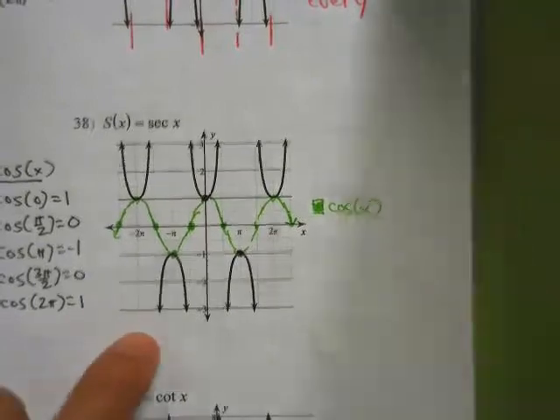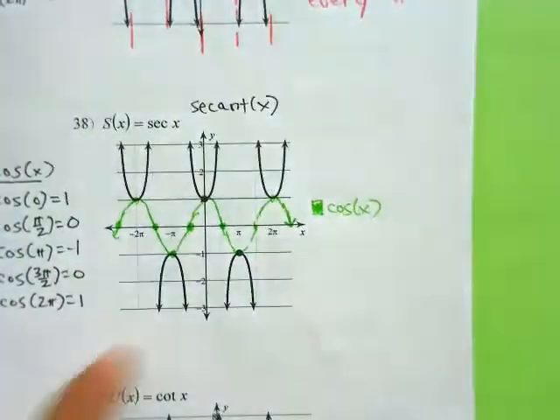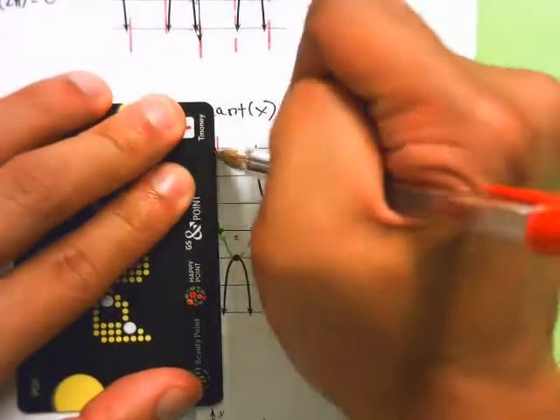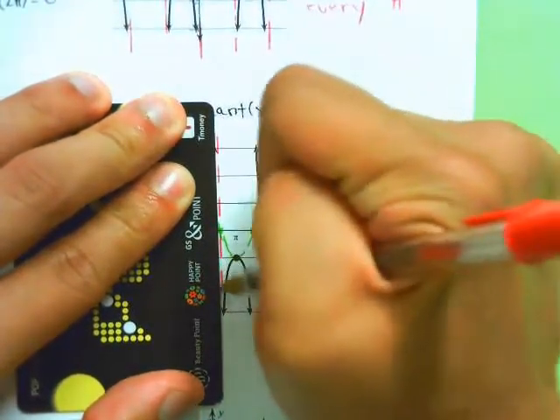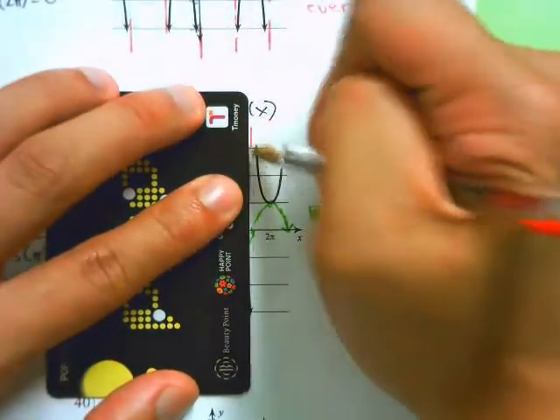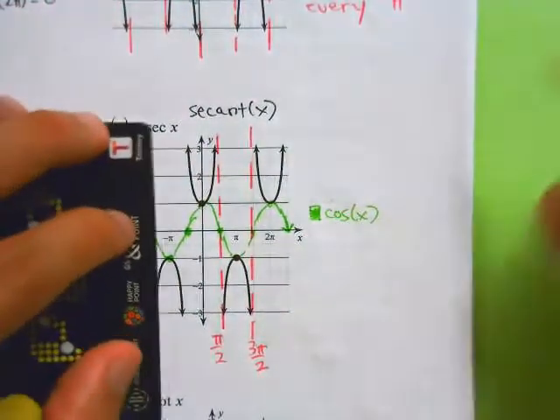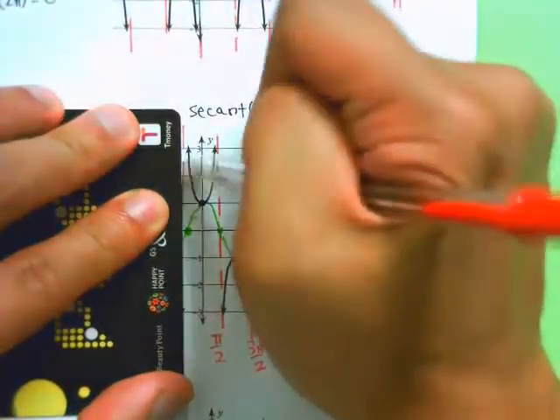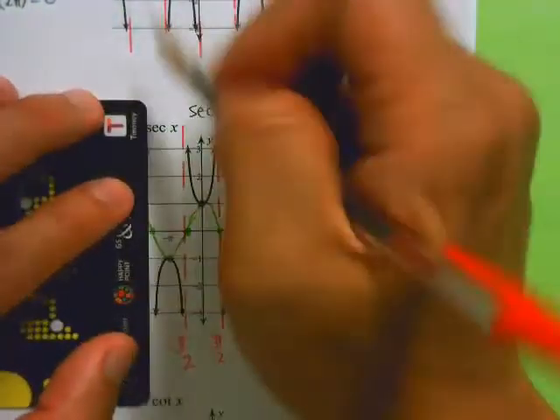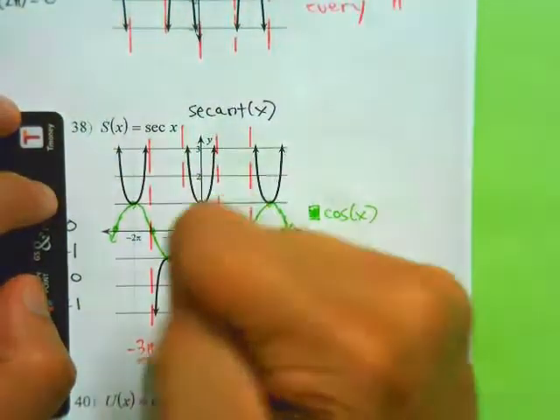Your secant function, secant is spelled like this, secant of x. Okay, we are going to have some asymptotes, and our asymptotes are at every pi over 2. So there's a shift. Okay, so this is pi over 2, and over here is 3 pi over 2. Okay. And over here is -pi over 2, negative 3 pi over 2.